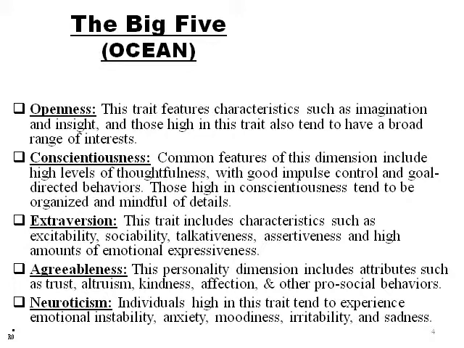The fourth is agreeableness. This personality dimension has things like trust, altruism, kindness, affection, other kinds of pro-social behaviors. And then finally, for the N, neuroticism, emotional instability, anxiety, moodiness, irritability, and sadness. So OCEAN stands for openness, conscientiousness, extroversion, agreeableness, and neuroticism.